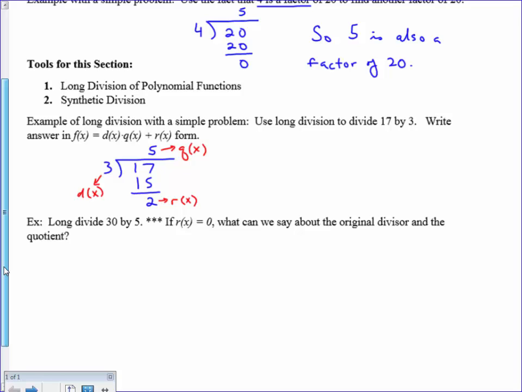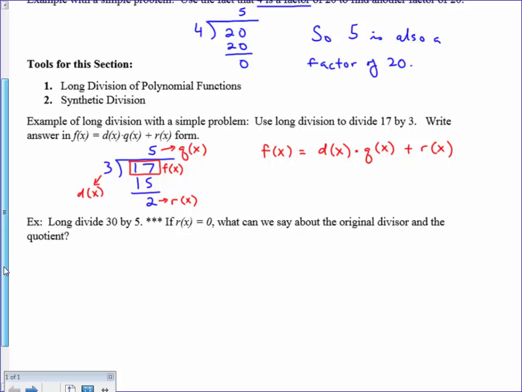In this case, we will think of 17, which was our original number, as the original function, f of x. And so the way we will write our answers in these particular kind of problems is we would say f of x equals d of x times q of x plus r of x.